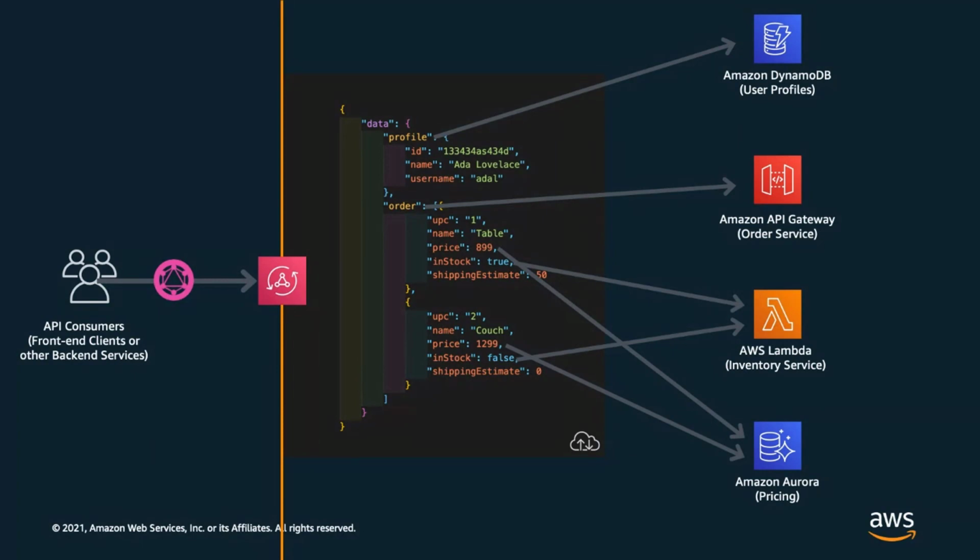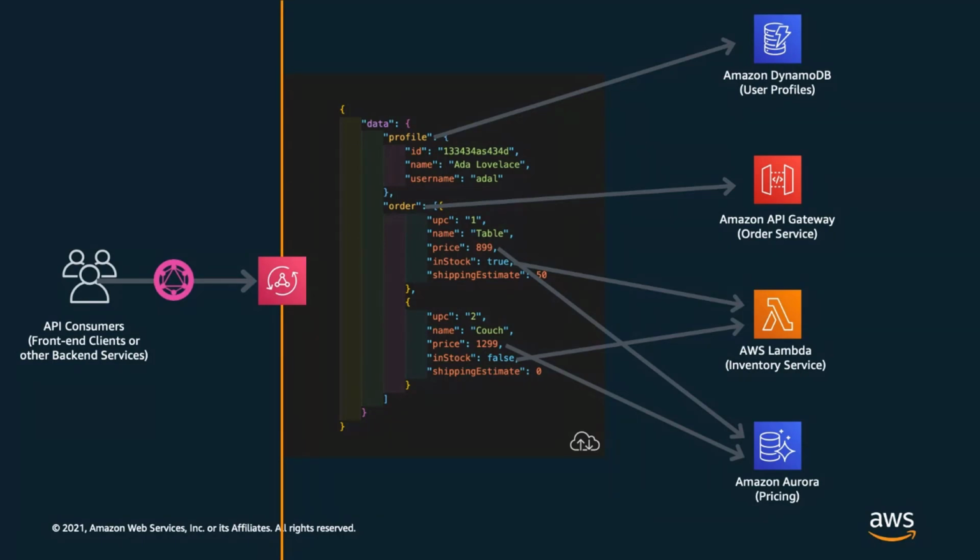And what clients receive is just a single payload, receiving user profiles and orders depending on the selection set requested. And again, everything is just with one single network call from a single API endpoint. And the backend complexity is abstracted.